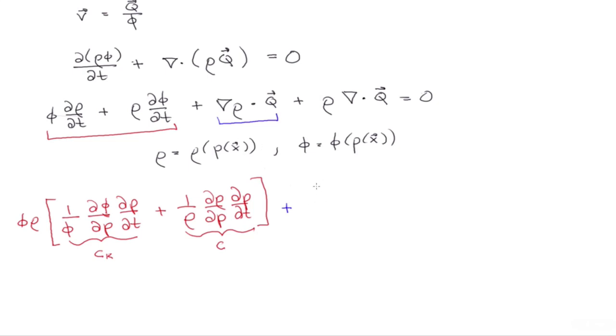Then we have partial rho partial p, grad p dot q, plus, and then on the last term there's no manipulation to be done at this time, so we just have rho divergence q. That's all equal to 0.